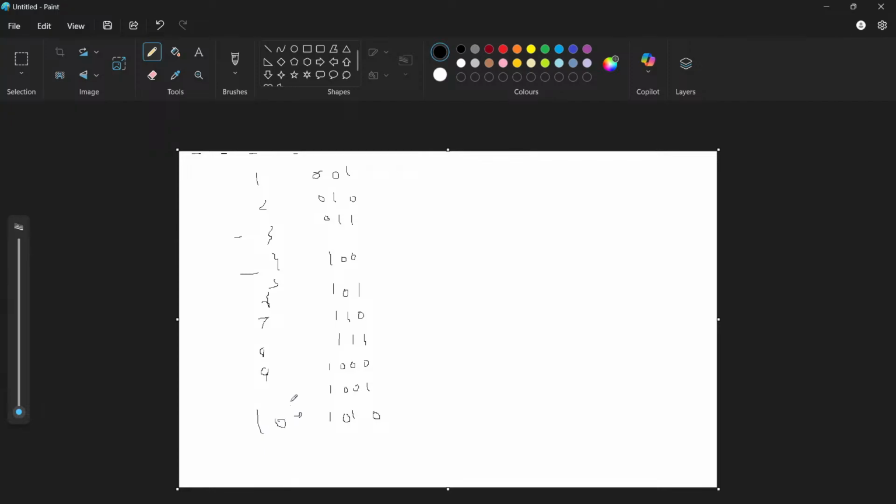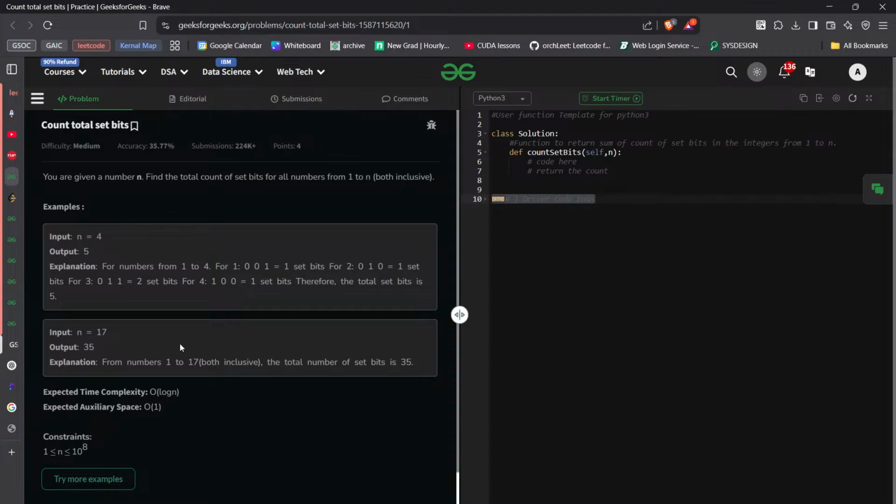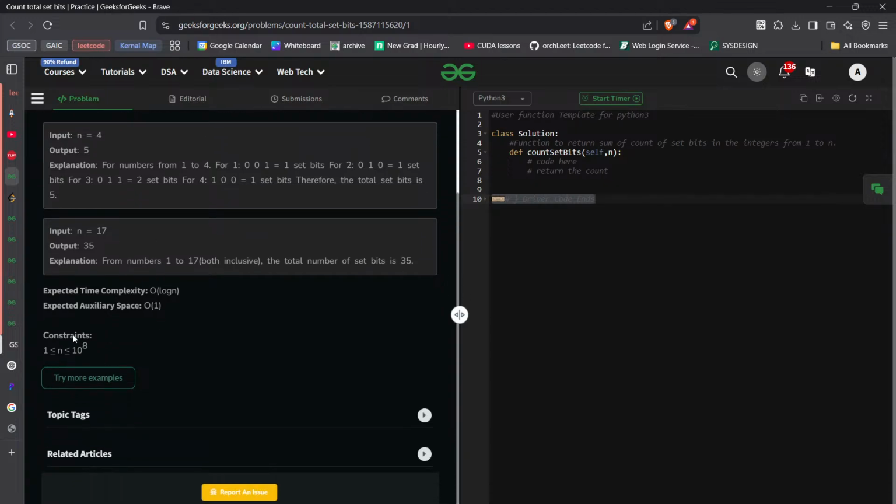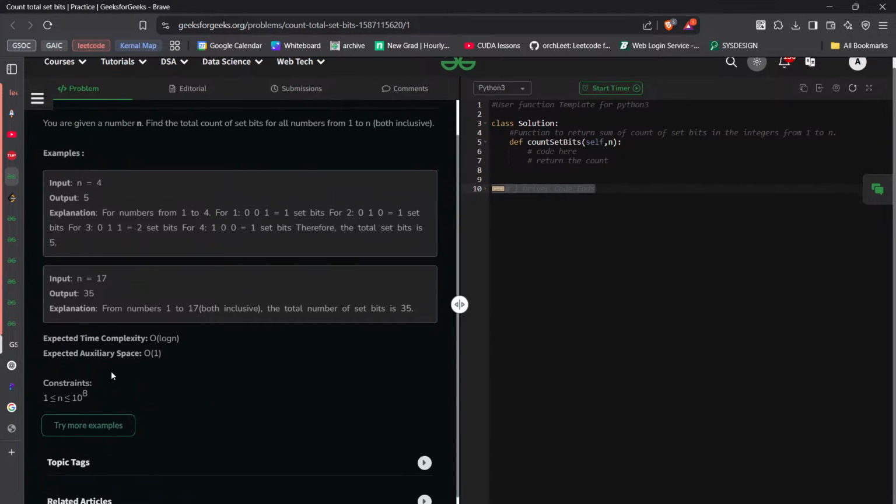This is a bit tricky, man. Given a number, find the total count of set bits for all numbers from 1 to n, both inclusive. Then complexity is of log of n. Set bits 4.